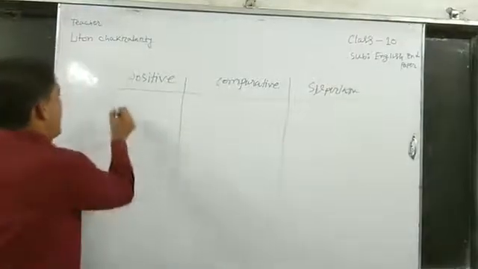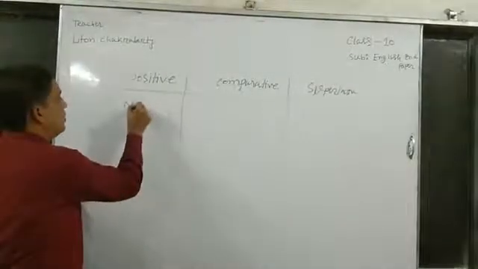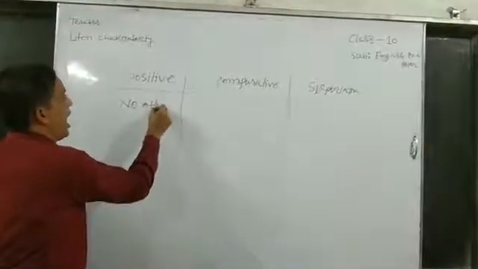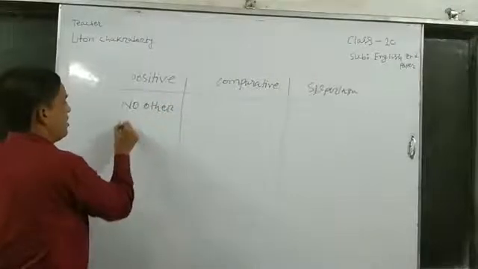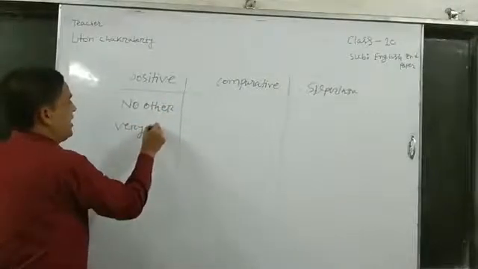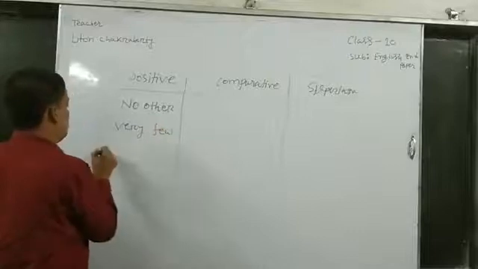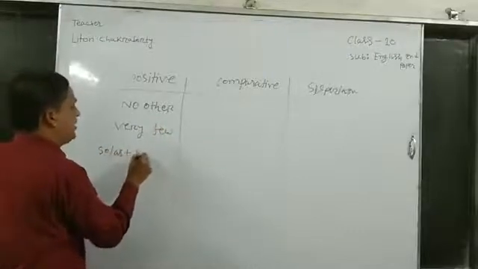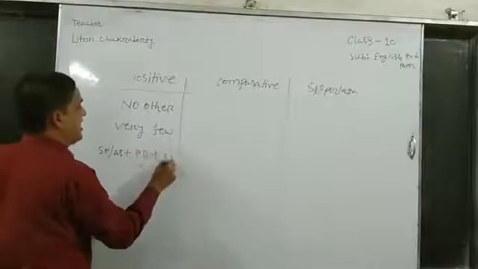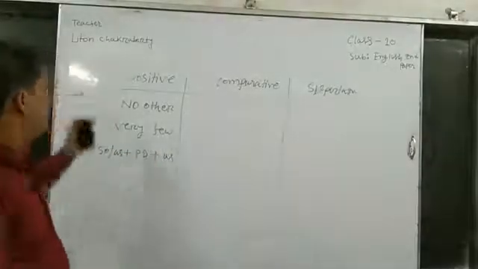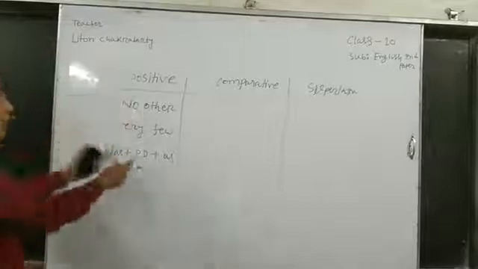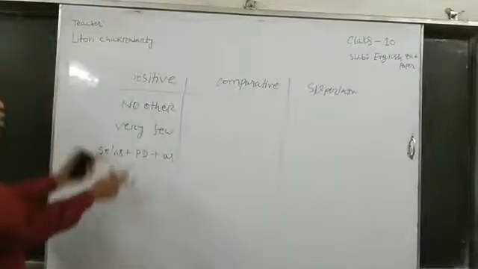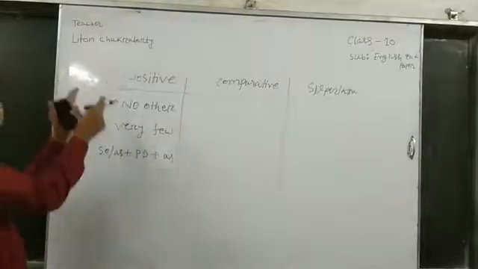For example, I am writing here no other, very few, so or as, positive degree plus as. They will always stand in the positive.